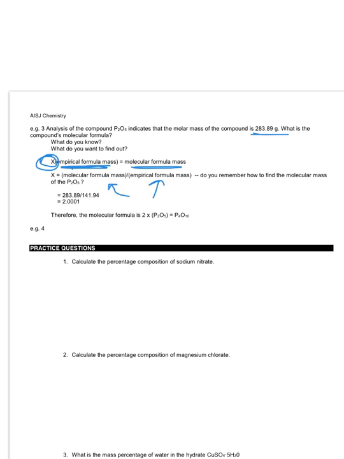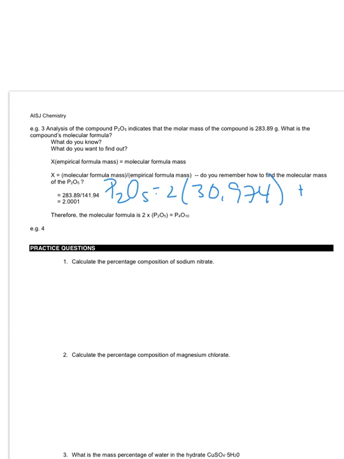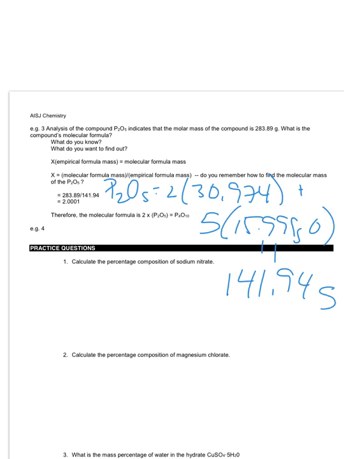All right, do you remember how to find the molecular mass of P2O5? So P2O5 is equal to 2 times 30.974 grams for phosphorus plus 5 times 15.999 grams of oxygen, right, which gives us a total value of 141.94 grams for the empirical formula mass of P2O5.